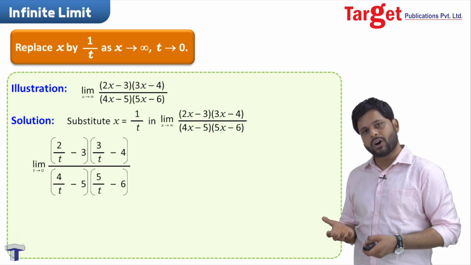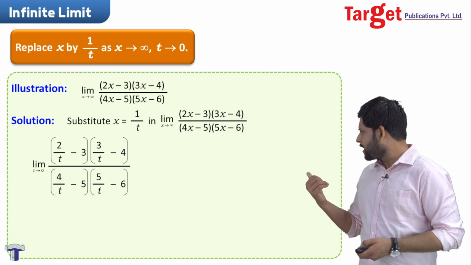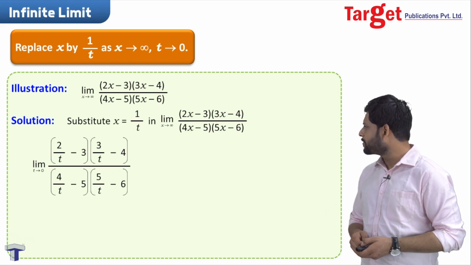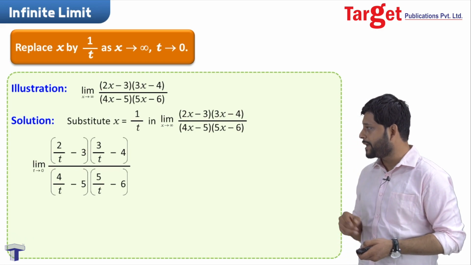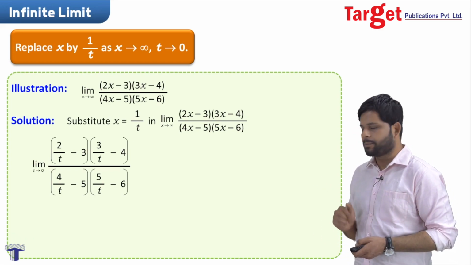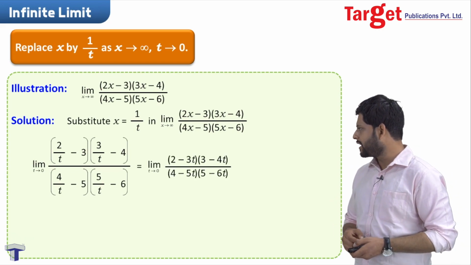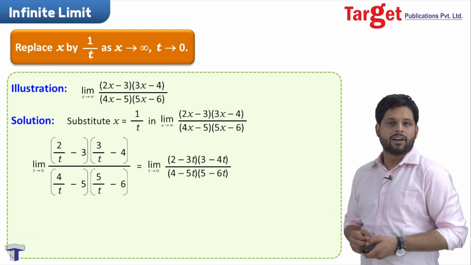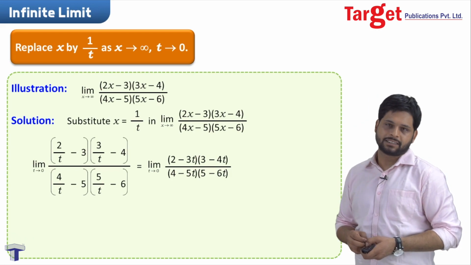I have replaced all my x with 1 by t. Replacing it by 1 by t, my function becomes something like this, and my limit has changed from x approaching infinity to t approaching 0. I take the LCM, and I get my final answer as 2 minus 3t, 3 minus 4t upon 4 minus 5t and 5 minus 6t.